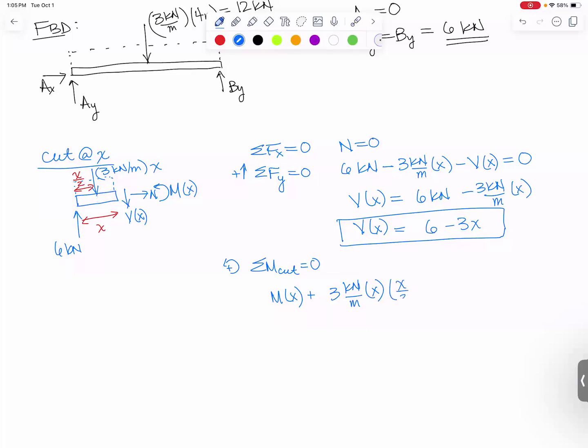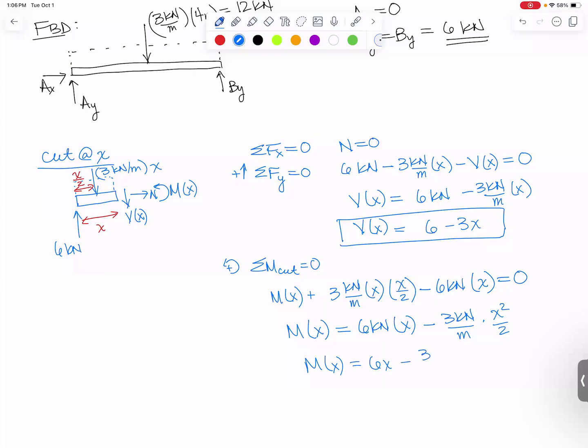So times X over 2. And then finally in the other direction, I've got a minus 6 kilonewtons, and that distance away is X, equals 0. M of X equals 6 kilonewtons times X minus 3 kilonewtons per meter times X squared over 2. Or more simply, M of X is just 6X minus 3X squared over 2.